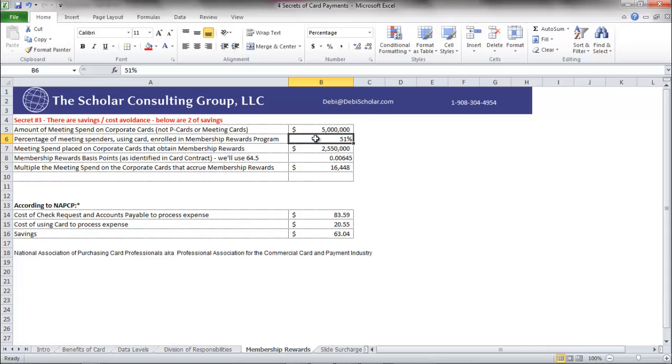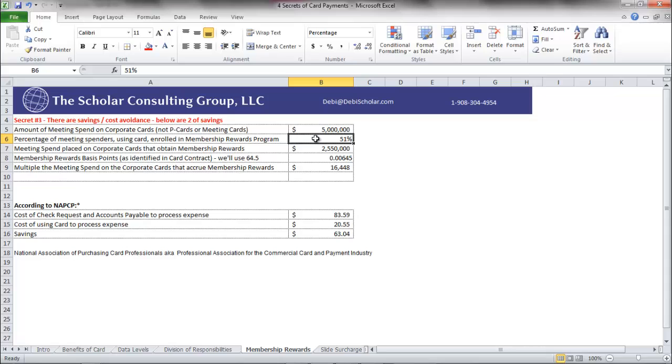Then we talk to our card company and we find out that 51% of the people are actually enrolled in the membership rewards program. As you probably know, there is usually a fee to join a membership rewards program, but even though the people pay the fee, the organization also has to pay a fee, which we're going to see here.